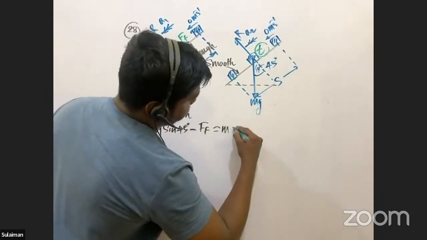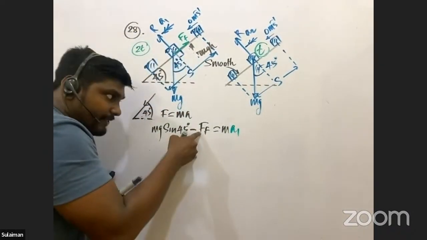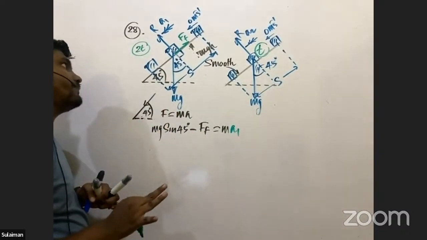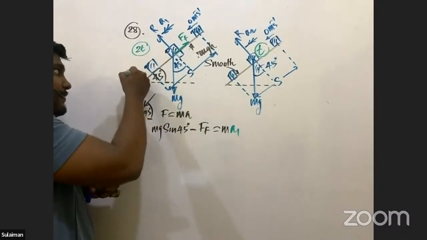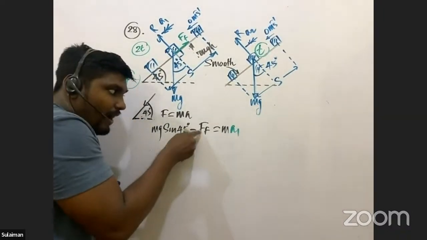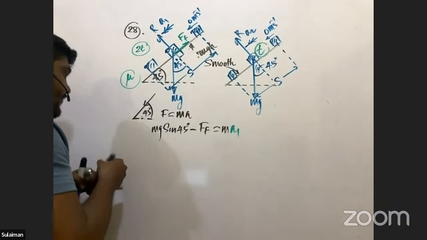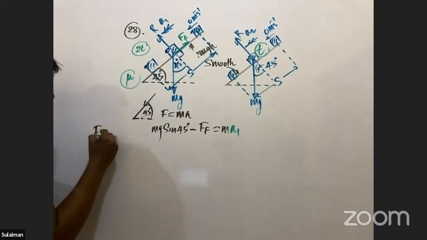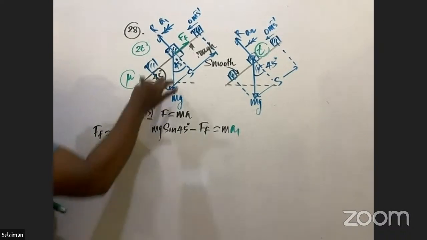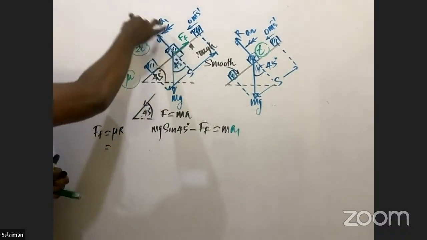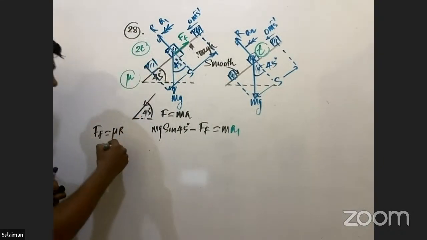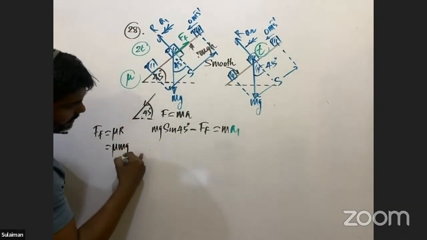Now we can further write this friction force in terms of mg and mu. Coefficient of friction is, let's say, mu. We want to find mu. Friction force means what? Mu R. We know friction force is mu R, where R means normal reaction force. Now we know normal reaction force equals what? mg cos 45. You know why? mg cos 45.